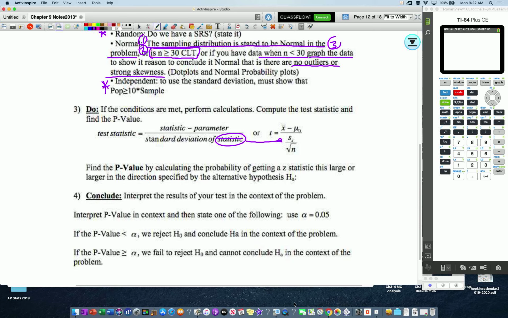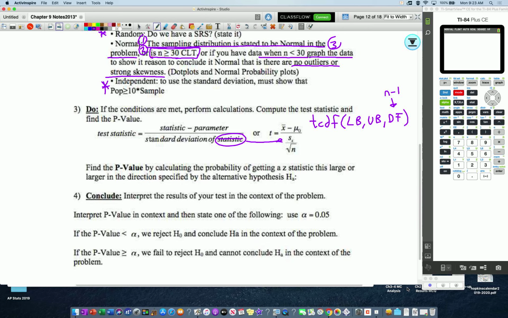Now to get your p-value, instead of using normalcdf, you're going to use this function on your calculator, tcdf. For tcdf, you're going to type in a lower bound, upper bound, and then the value of your degrees of freedom. Remember that degrees of freedom from confidence intervals is n minus 1.